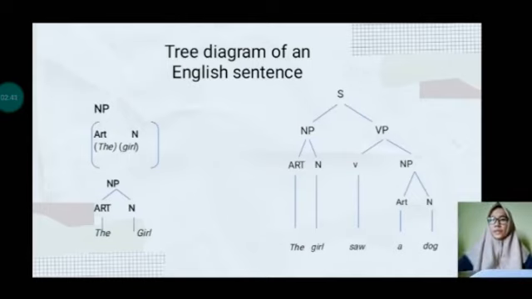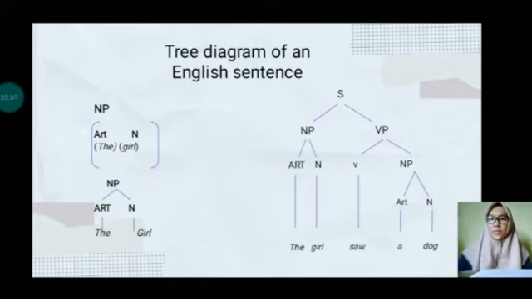And for the example of a tree diagram of an English sentence, that is, the girl saw a dog. On the top, sentence consists of noun phrase and verb phrase.